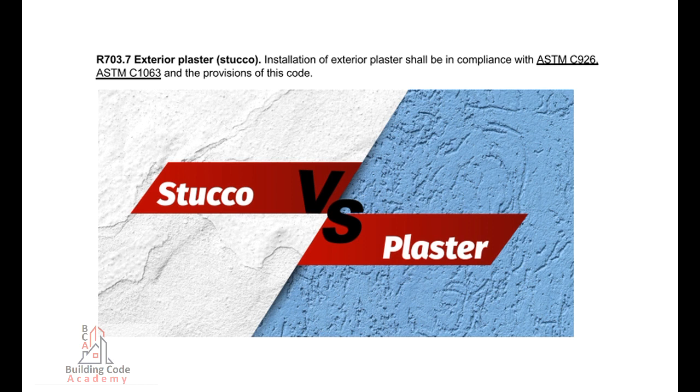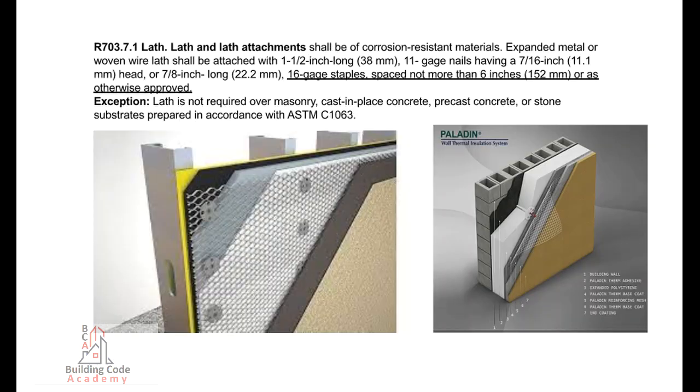R703.7 Exterior plaster, stucco. Installation of exterior plaster shall be in compliance with ASTM C926, ASTM C1063, and the provisions of this code. R703.7.1 Lath. Lath and lath attachments shall be of corrosion-resistant materials.